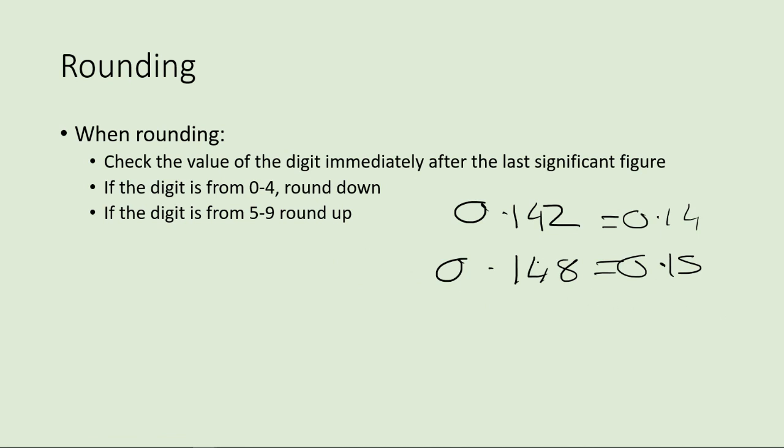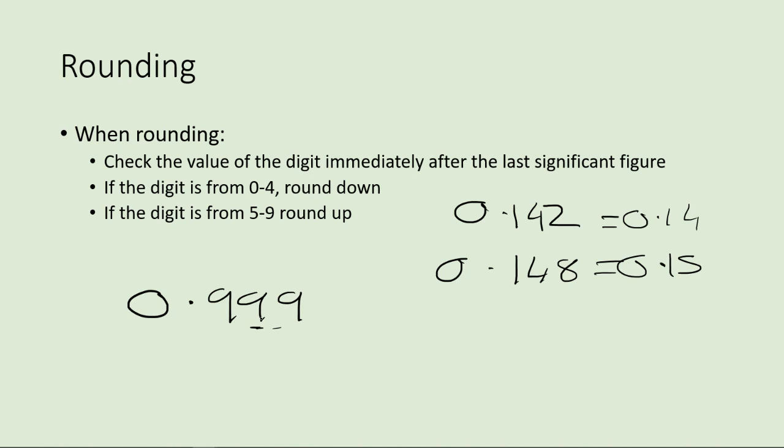You just have to check the digit after the one that you're interested in, and then you round that up or down. What we need to be aware of, though, is if your answer is something like 0.999 and you wanted to round that to two significant figures. Here our last significant figure is 9. We're going to round up, so that becomes a 10.